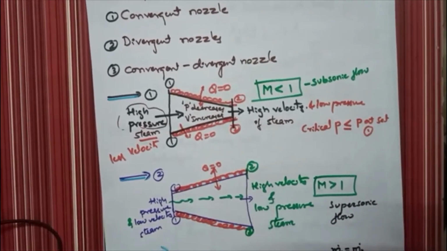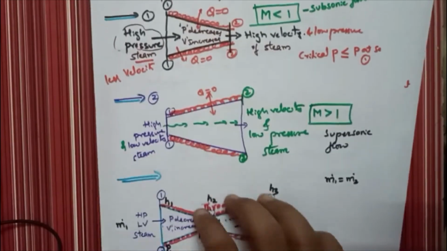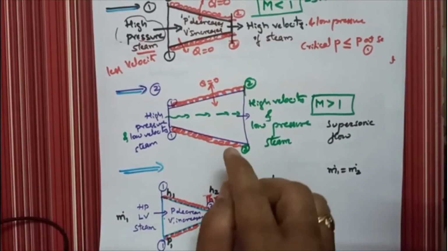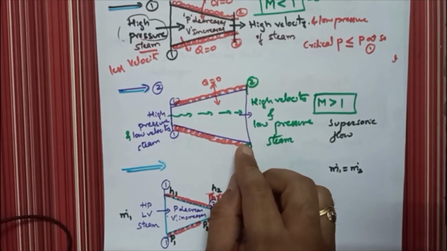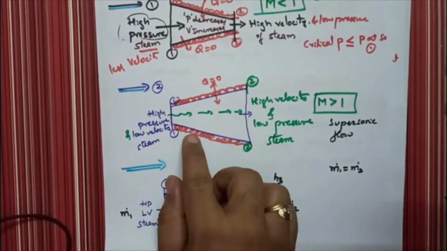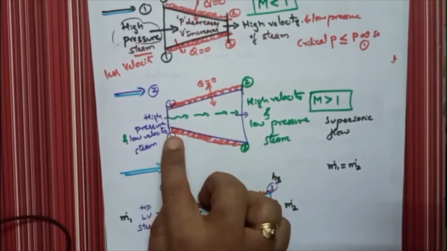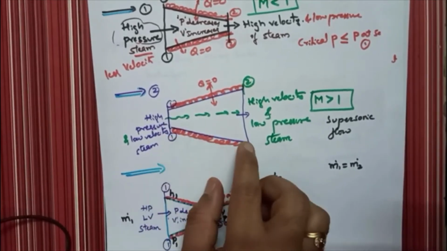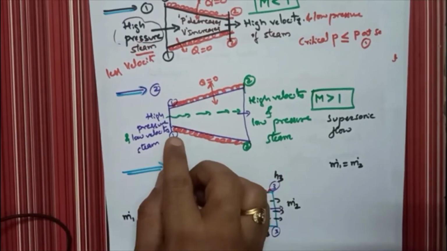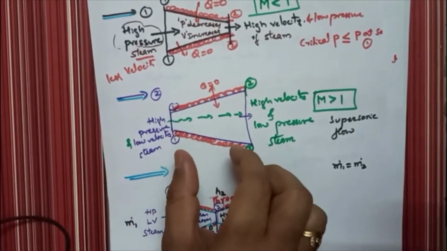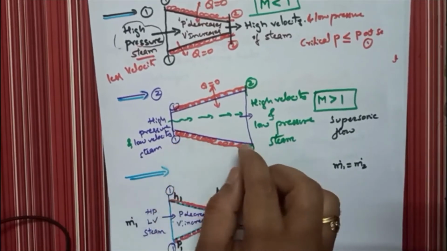But if you consider the divergent nozzle, which one is the critical pressure? The pressure measured at the small portion of the nozzle is called the critical pressure. So obviously the critical pressure is here. Now this is not a critical pressure, this is the critical pressure. In this case the fluid is flowing from 1 to 2.